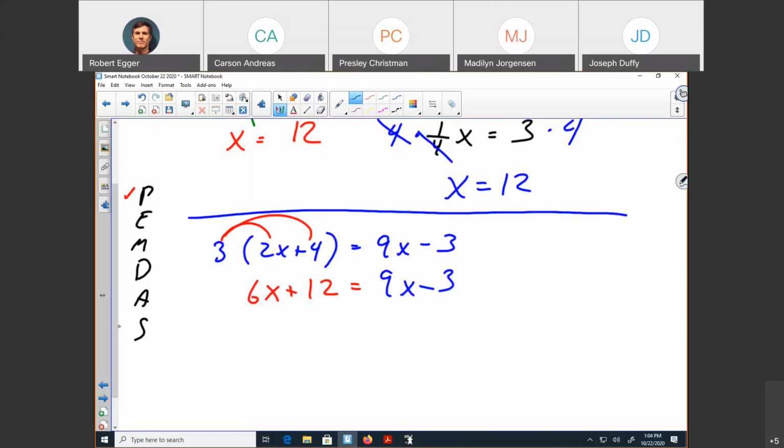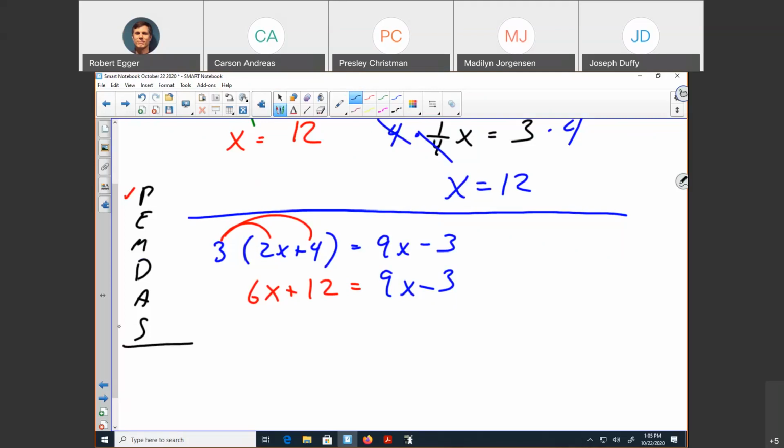Is there any exponents? No. Is there any multiplication division that I can do? No, taken care of. Any addition subtraction on the left side, the x term will not mix with the 12. On the right, the x term won't mix with the 3, the constant, so we're good to go.